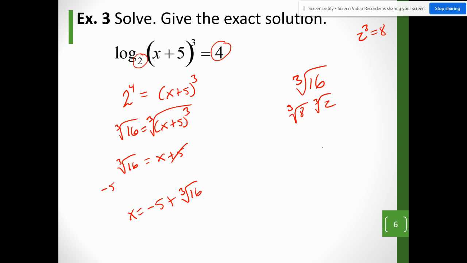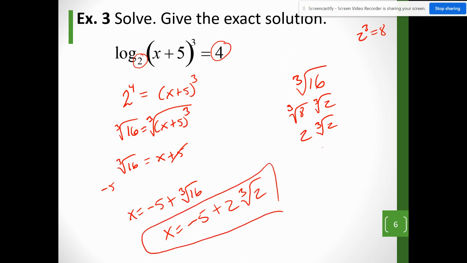So 2 to the 3rd is 8, so the cube root of 8 is 2. And then cube root of 2. So I'm going to write this as x is equal to negative 5 plus 2 cube root of 2. Make sure you simplify your radical.